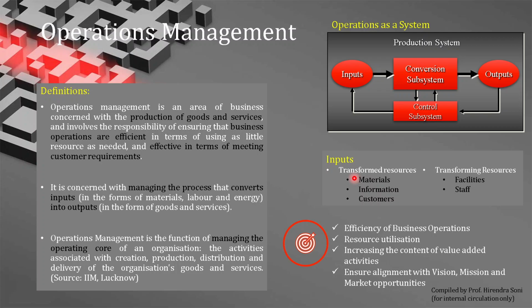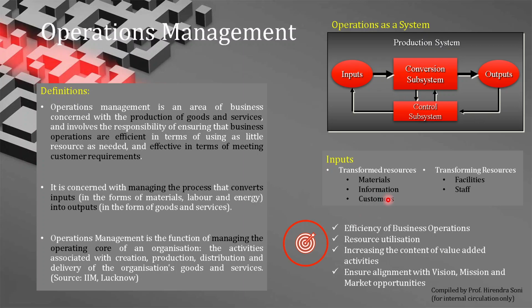When we look at transformed resources, that means the resources which get transformed from one form to another. For example, materials, that is raw material. It gets transformed from raw material to finished goods or semi-finished goods, depending upon the number of stages which you are going to go through. The information which is actually provided to the operation system and the customer.